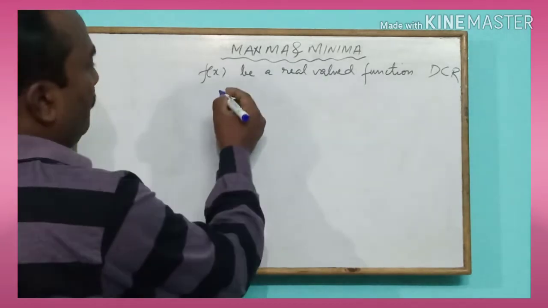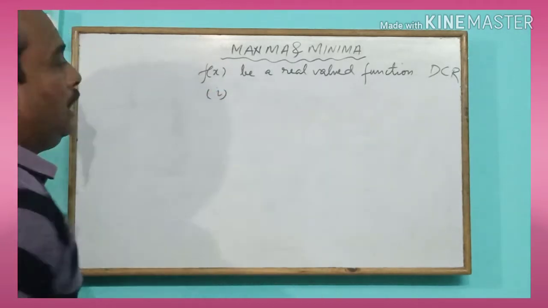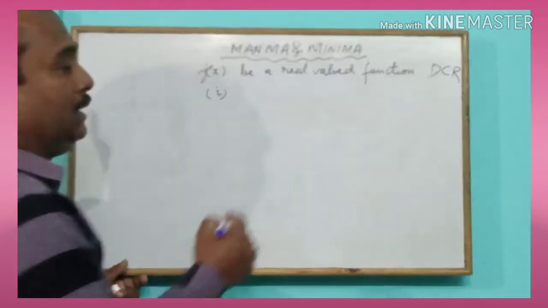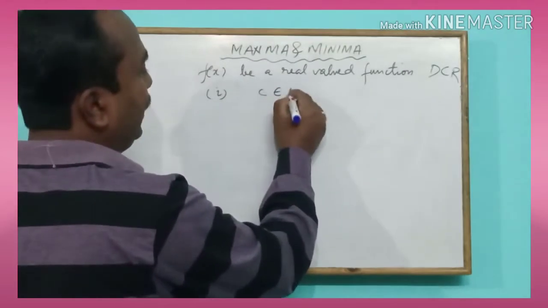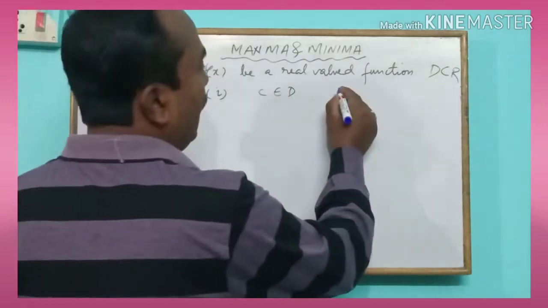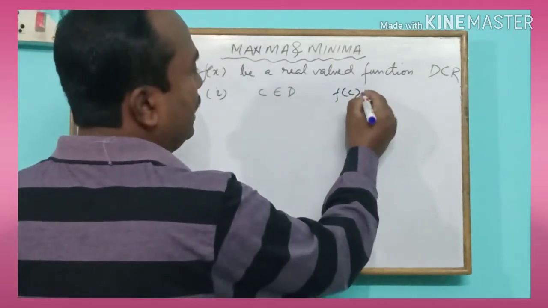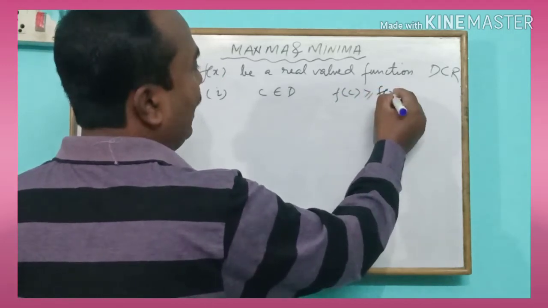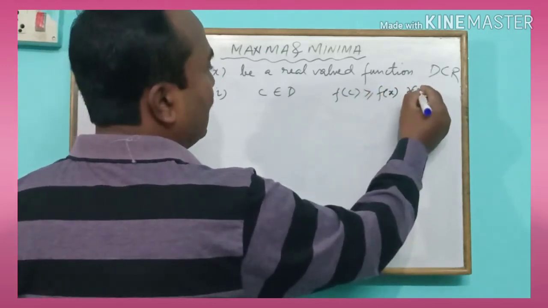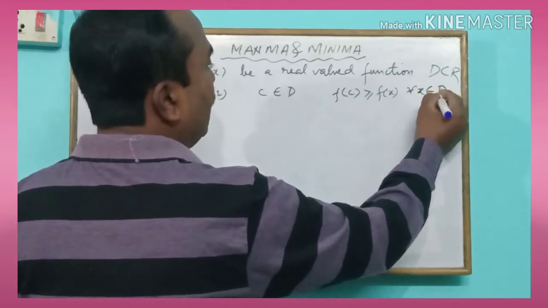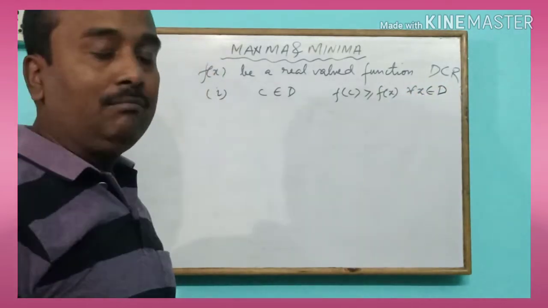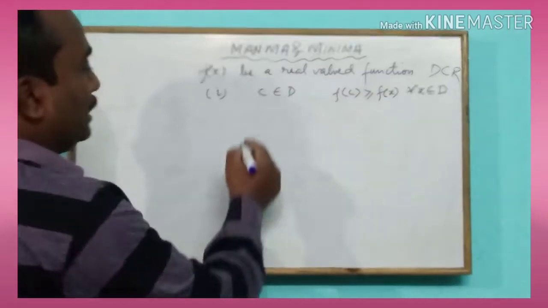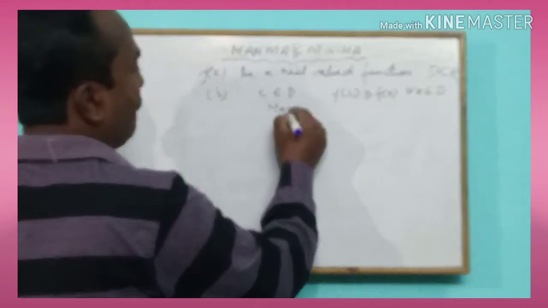Then if we get a point C in the domain D, C belongs to D, such that f(C) is greater than or equal to f(x) for all x belongs to D, then this f(C) is known as the maximum value.